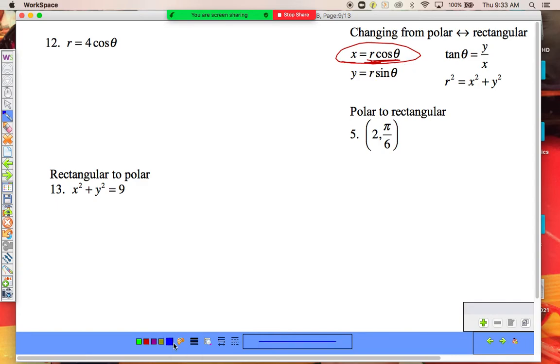Like I said, don't think too hard. I probably need an R in front of that cosine, don't I? If I want this, I need an R here. So what can I do to get an R there? Don't think too hard.